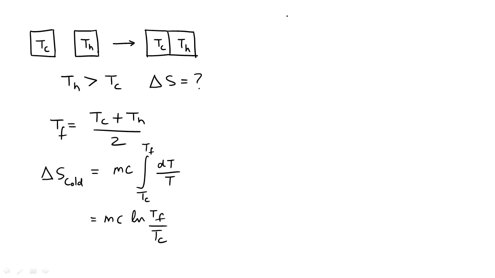Similarly, the change in entropy of the hot object is equal to mc integral from T hot to T final of dT by T, which is equal to mc ln Tf by Th. Note that this quantity is negative because T final is less than Th.